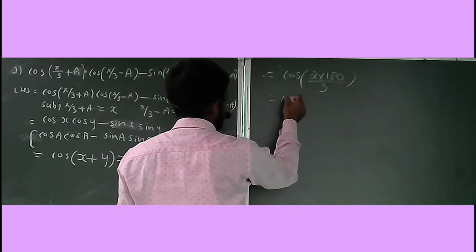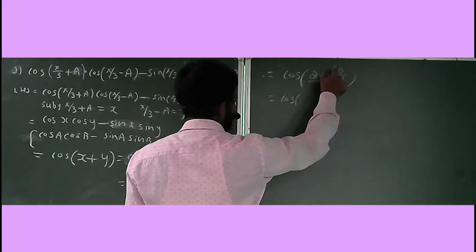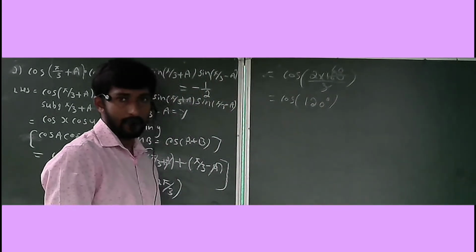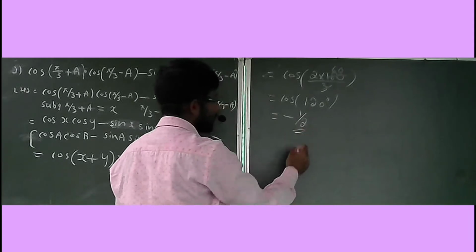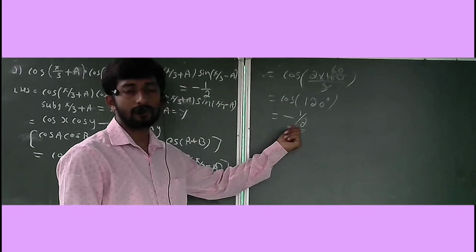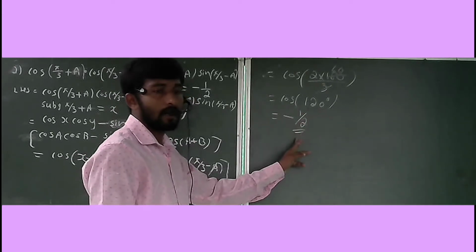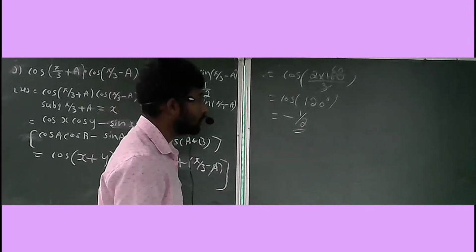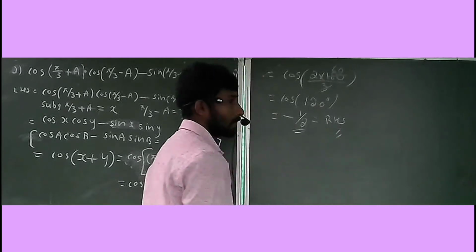It's equal to cos of, you can see, 3 ones are 3, 60s are 120 degrees. Cos 120 degrees. Cos 120 degrees value is nothing but minus 1 by 2. In your first year syllabus, you solved so many problems like this, right? Cos of 120 degrees, remember the value, it is equal to minus 1 by 2. This is nothing but the RHS of the given question.